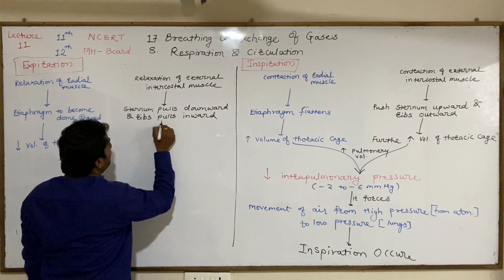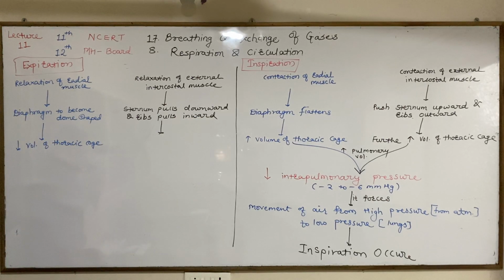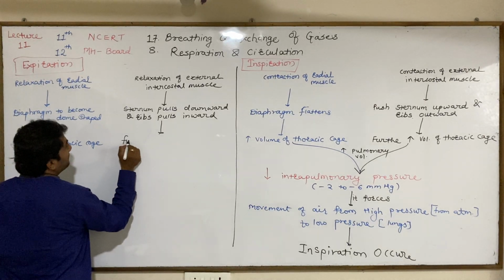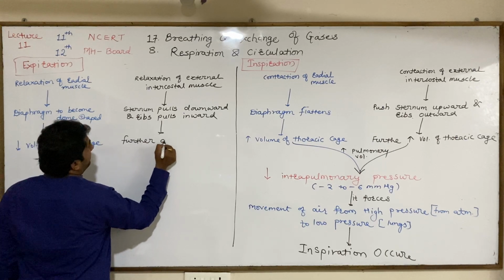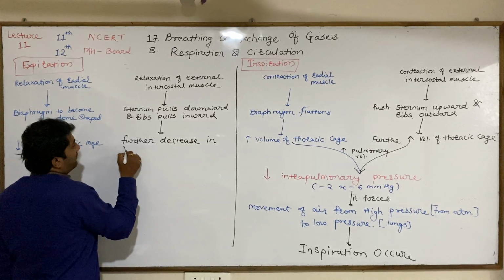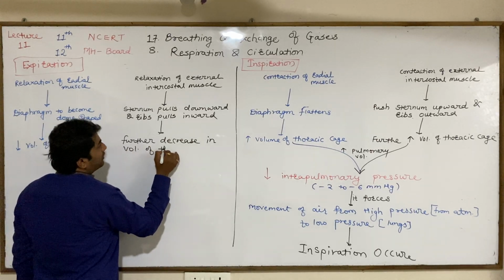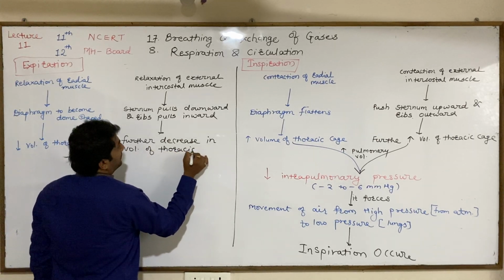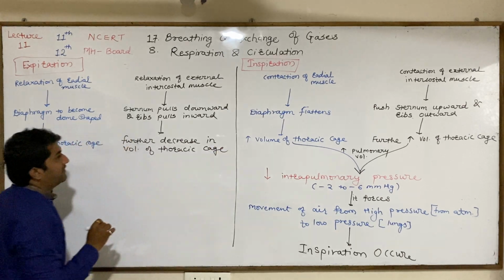So it will create pressure again, and volume goes on decreasing. Further decrease in volume of thoracic cage or thoracic cavity.